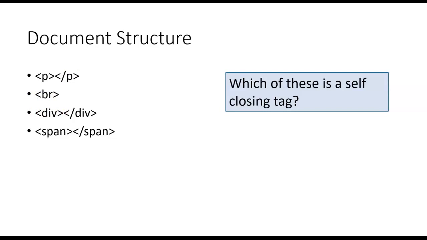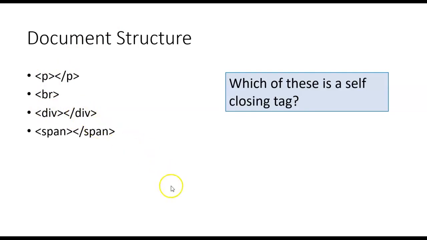So it could hold images, it could hold other div tags used to provide layout and structure. So that's really the difference between the paragraph tag and the div tag. You'll find that the div tag is probably the most common tag on a web page.